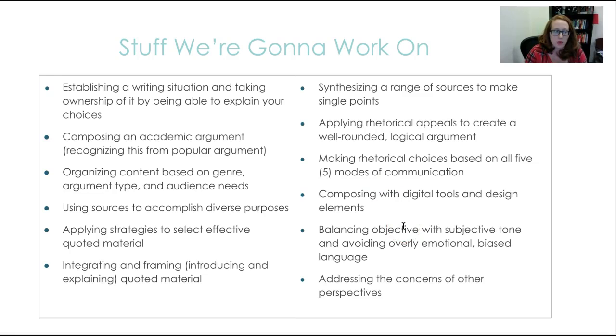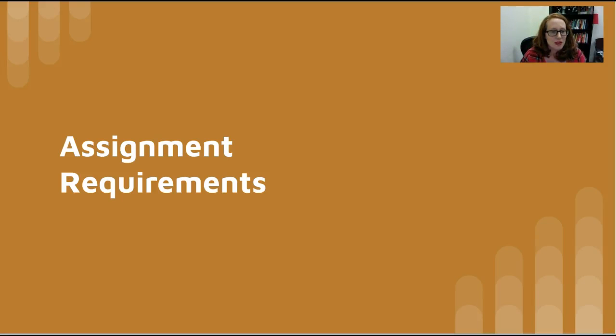How to think about purposeful organization strategies, figuring out what kinds of sources to use. We talked about primary, secondary, and tertiary, how they can be used different ways. So thinking about ways to use sources, synthesize, use strategies to communicate well with your audience, use digital tools, address other perspectives, all kinds of super fun stuff I know you're going to enjoy.